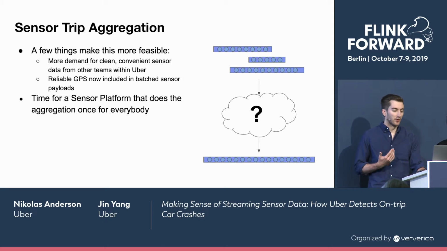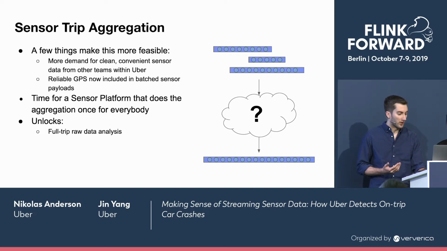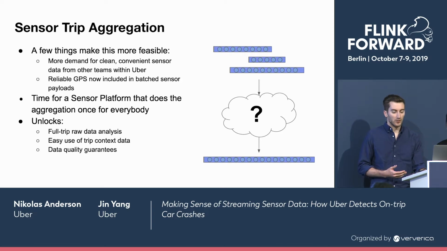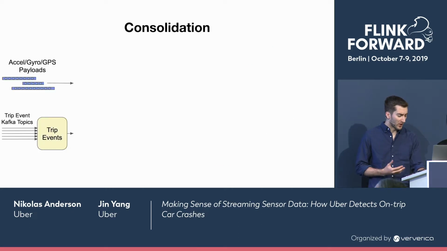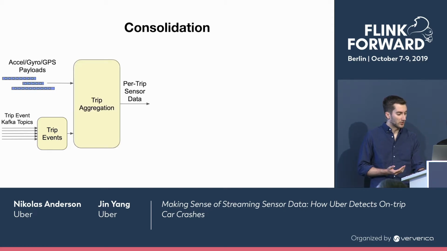And so it was time for a sensor platform that does this aggregation once and for all for everybody and saves everybody the trouble, unlocking full trip raw data analysis, easy use of trip context data, which is so important, especially for our application, and also providing all sorts of data quality monitoring and guarantees. This was the first time we were looking into sensor data quality with such intensity. And so we produced a job consuming from trip aggregation.